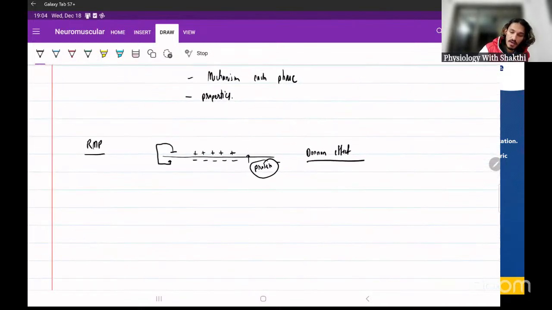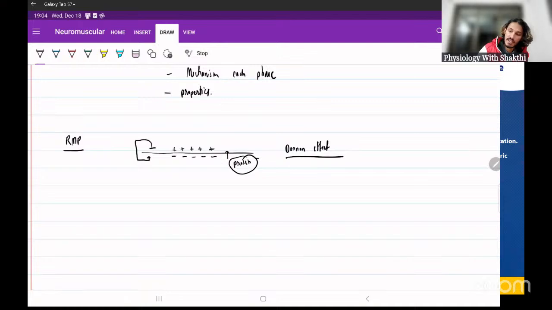That is because of the presence of your potassium channels. So imagine here, there is a leaky potassium channel. A leaky potassium channel will result in potassium efflux. A potassium efflux will make the inside negative.